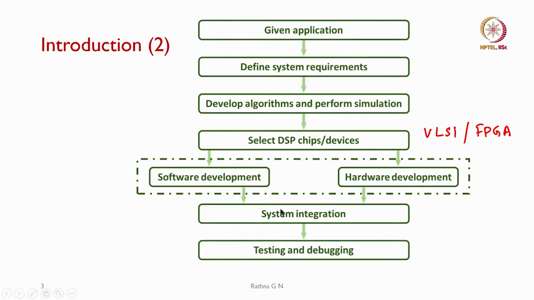Usually we combine these for system integration and check if it satisfies our requirement, or we may have to go back and select different algorithms for this application. Once everything is finalized, we do the testing and debugging. Once the product is ready, you can give it to the market.